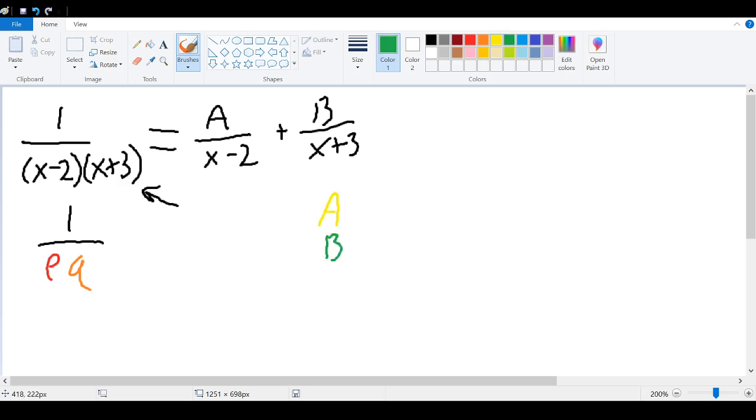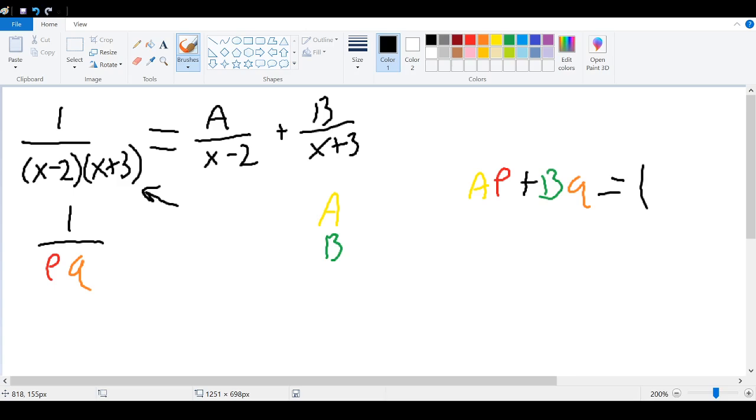We don't know them, we just know that they exist, such that AP plus BQ must equal 1. Alright? And I'm not going to prove this. This is a very complicated thing to prove. I just want you to know that it exists, okay?